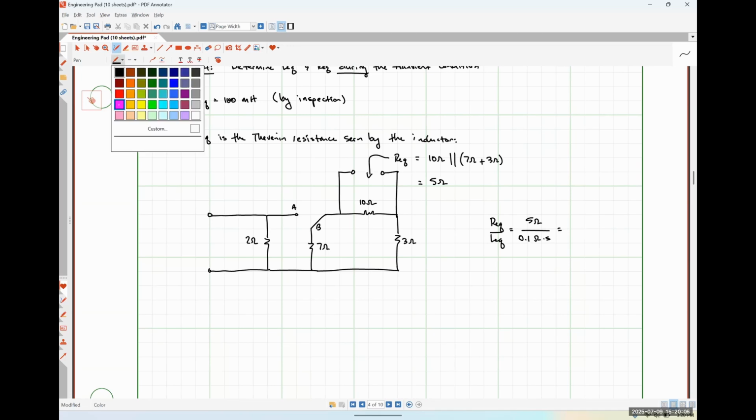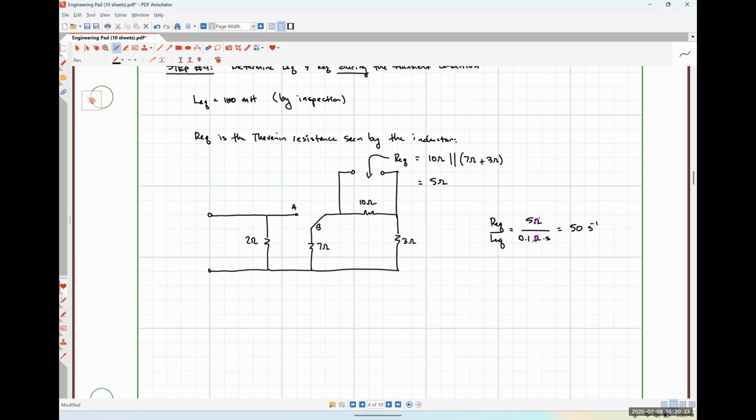So our ohms are going to wind up canceling each other out. And we're going to have 5 over 0.1 is 50. And our units are going to be in per seconds. Okay.